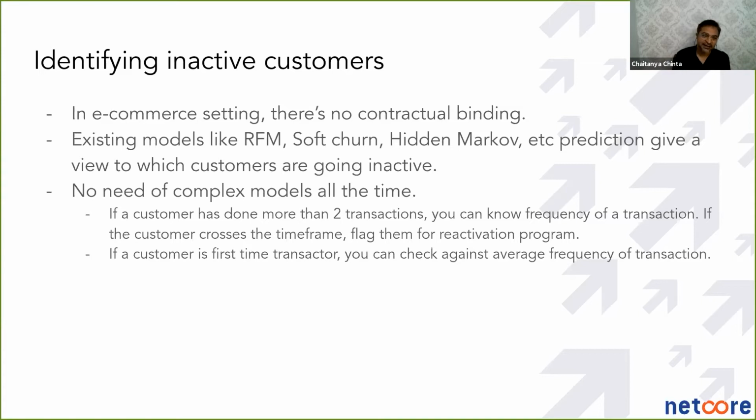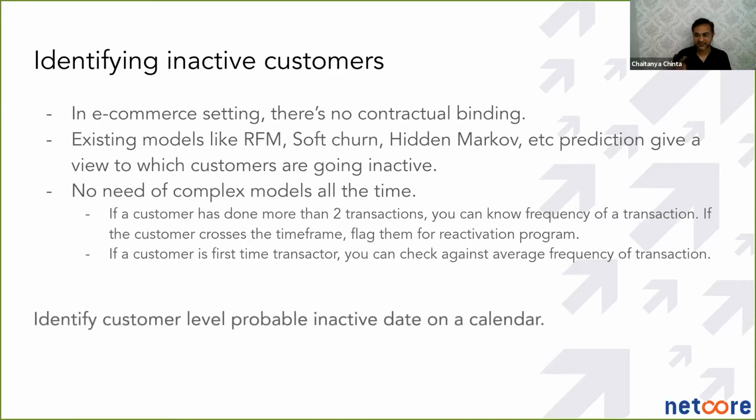If the customer is a first time transactor, you typically have an average frequency per transaction for your other customers, and then you can align it and see when this customer is expected to do the next transaction. But what is more important is to identify the customer level probable inactive date on a calendar.